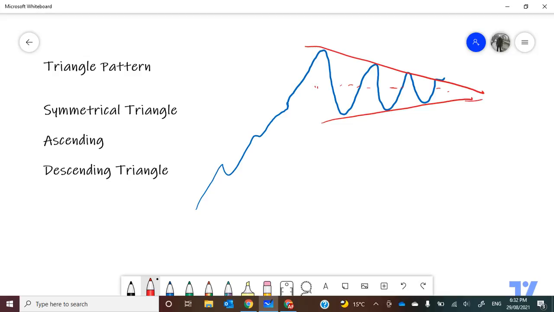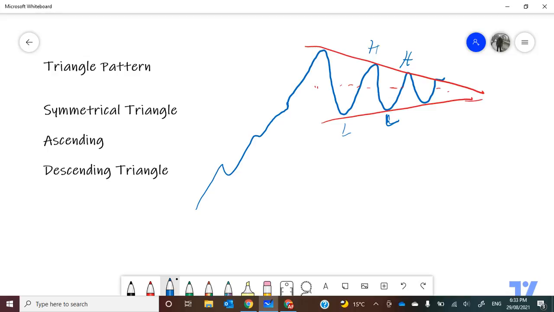And as you can see, the pattern makes at least two lows and sometimes more, and at least two highs, as you can see like this. So you can recognize the pattern by these shapes.